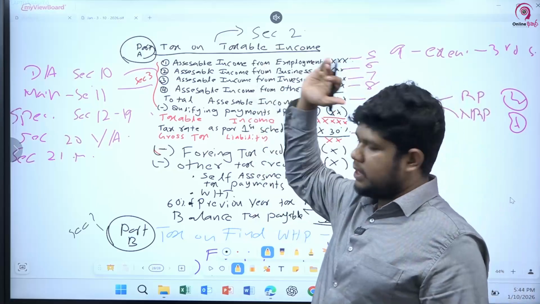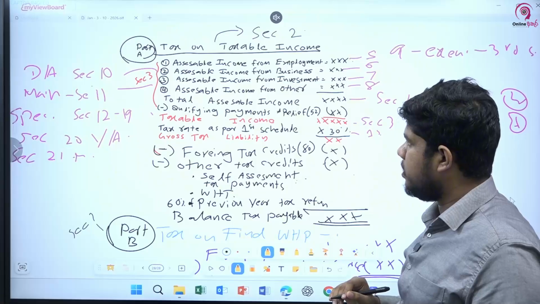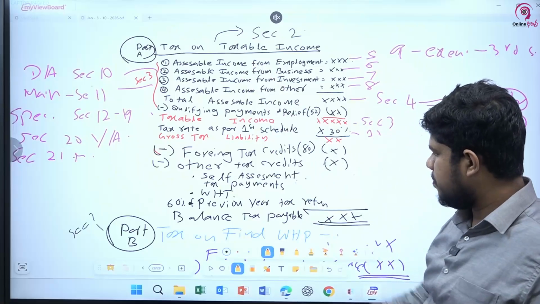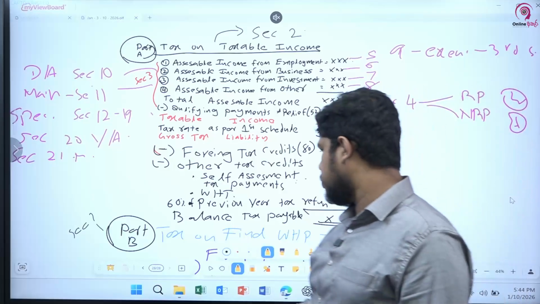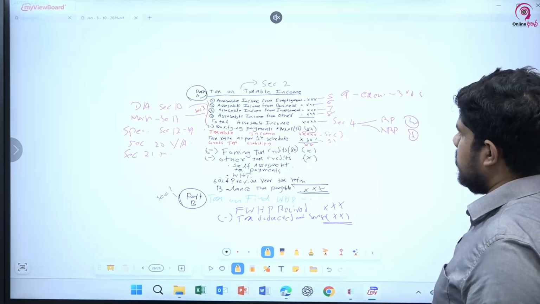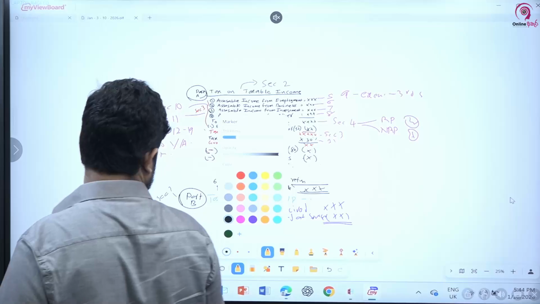You first take taxes paid by a person who has a taxable income, or a person who receives a final withholding payment. We'll take some parts here.